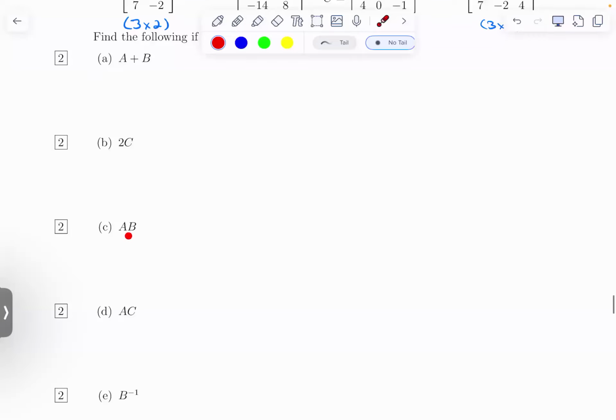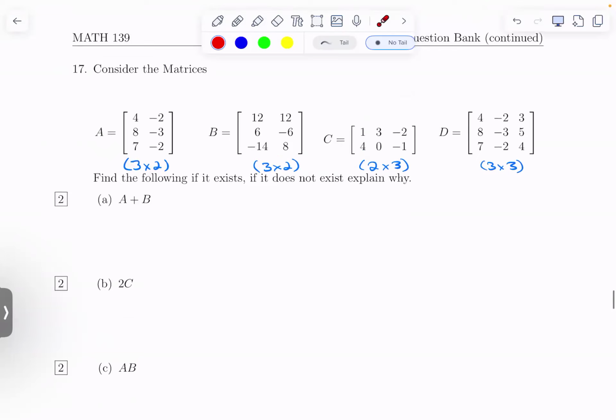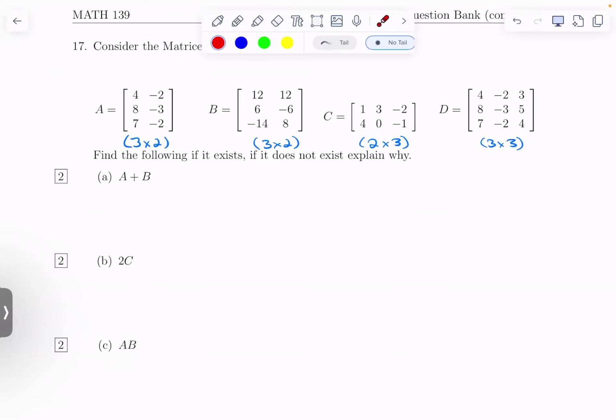How about A times B? First, we need to look at the orders of A and B. So A is 3x2 and B is 3x2, but the insides don't match, right?